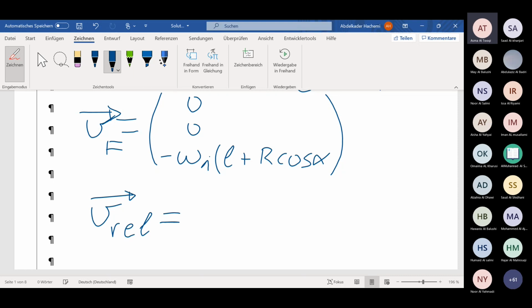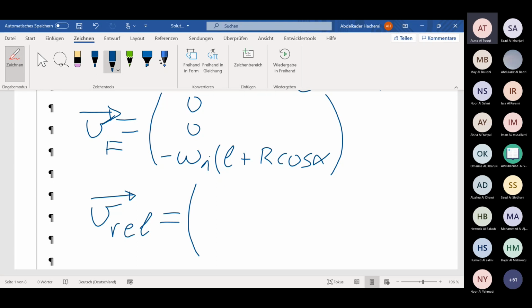It's equal to now the component of omega. What we have, omega 2, it's rotating in Z direction or Z prime direction, opposite from omega 1.